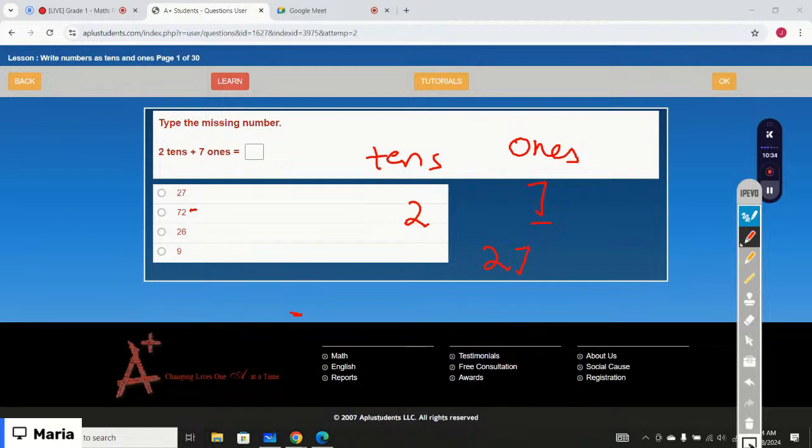So the correct option is option number 1, that is 27. Got it?